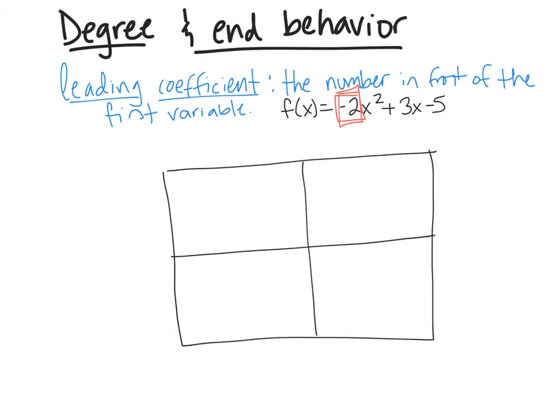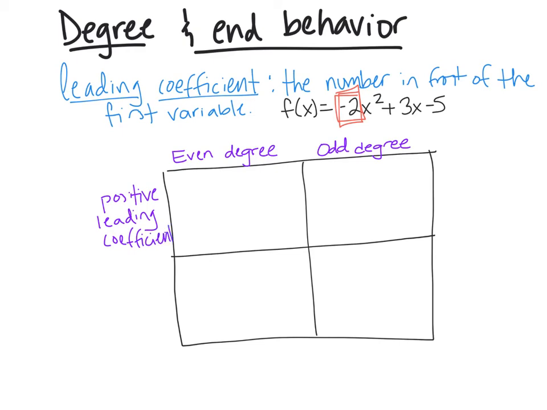We're going to say even degree up top here, odd degree up top here, and then over here I'm going to say positive leading coefficient, and then this one is going to be a negative leading coefficient.